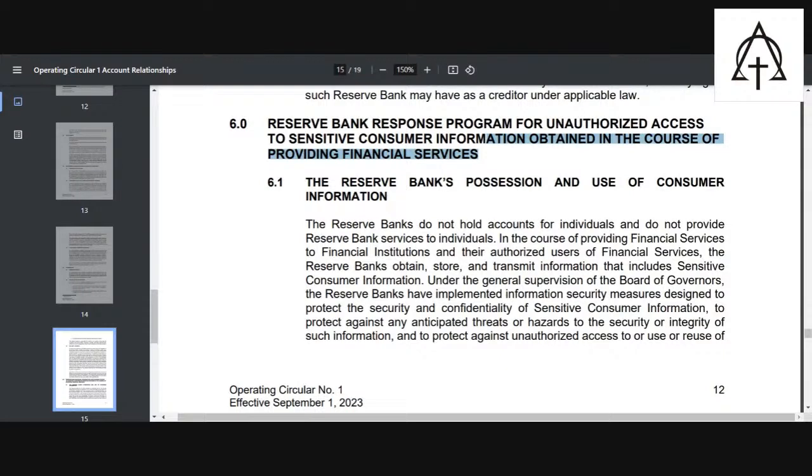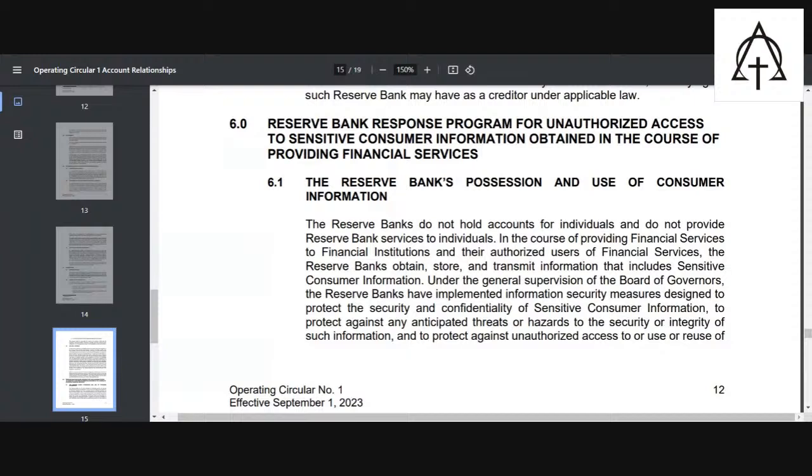The Reserve Bank's possession and use of consumer information. Like I told you, it's a usufruct system. You're supposed to have possession and use of your information, but when you give it to them, in so doing, you are transferring, as it said earlier, your rights, titles, and interests in property. That includes the very property of the information that you just gave them.